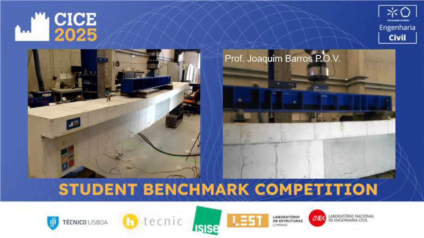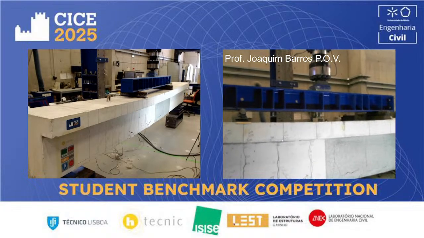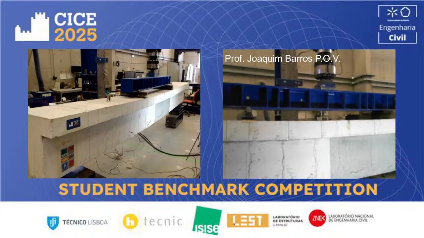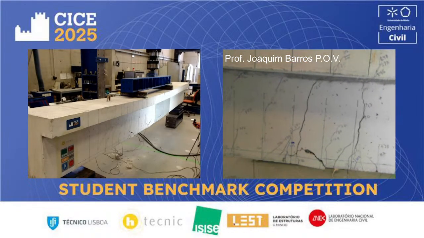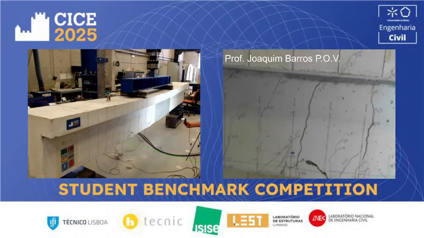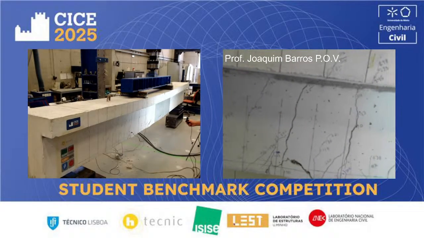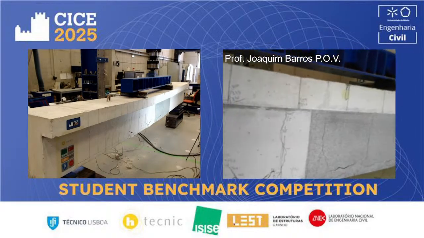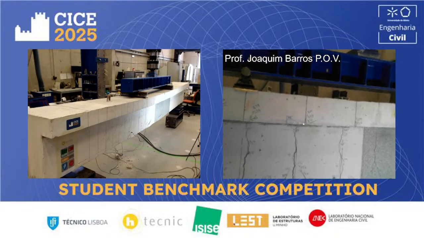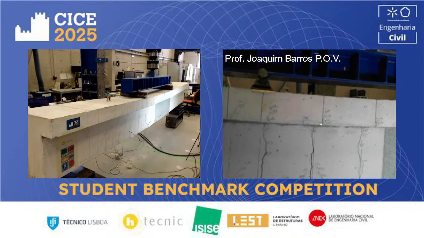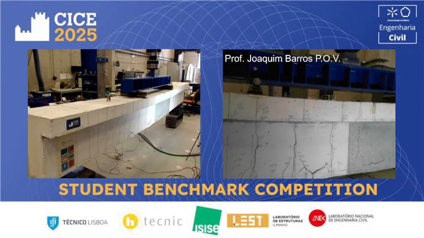Okay, we continue to increase a little bit, but obviously the laminates have failed in this zone, in several locations. So now the contribution is due to the existing steel reinforcement.